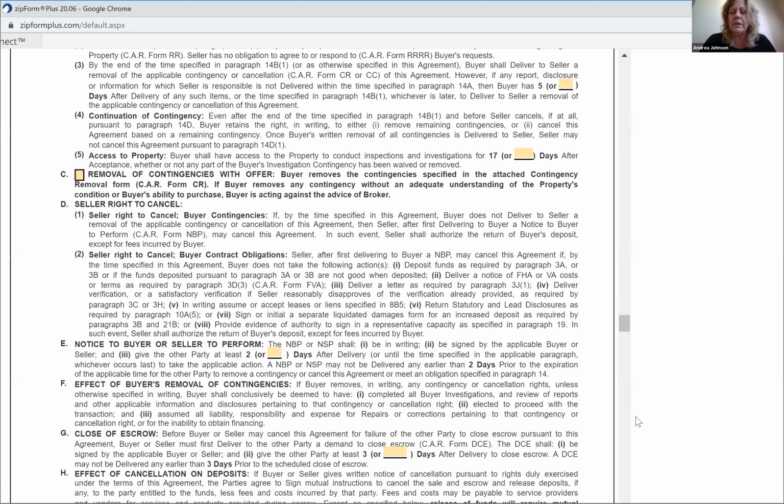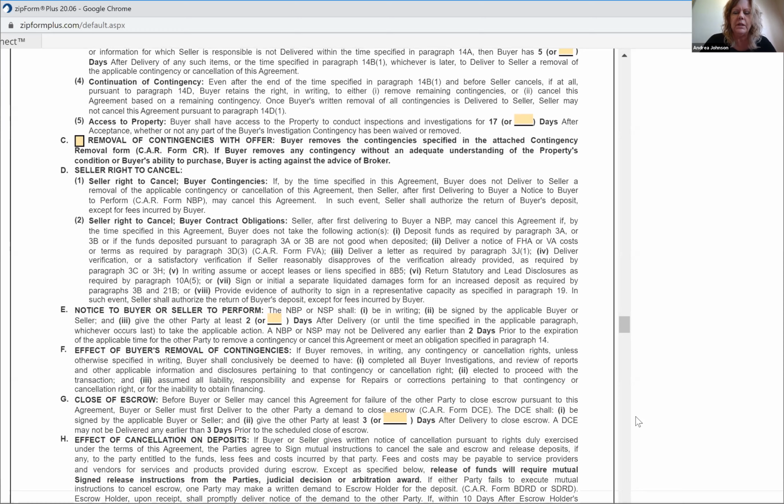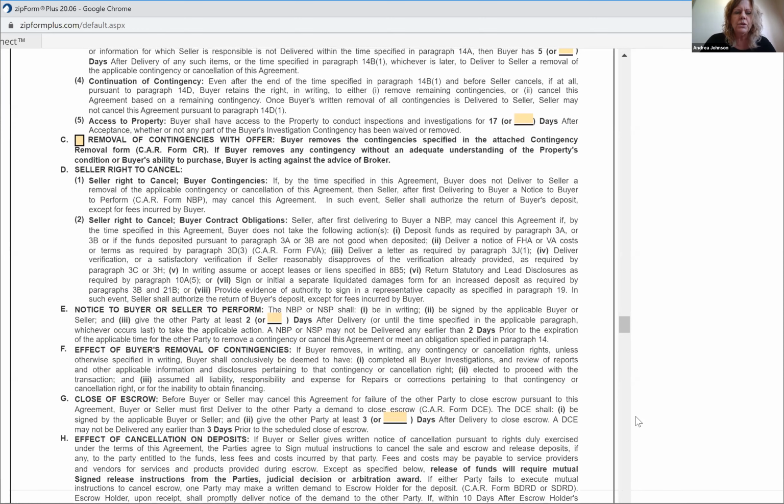If there's something that doesn't come till day 11, the contingency is not removed on that particular item until day 16. So that buyer cannot be forced to remove that contingency until they've had 5 days to review anything that was not received within the 7-day time frame.